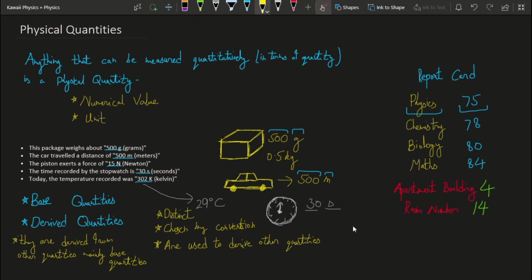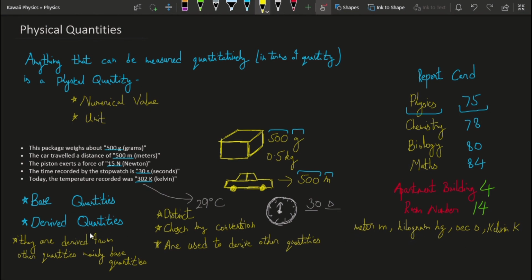The base quantities are length, meter; mass, kilogram, kg; time, we use second, s; and temperature, we use Kelvin, K. There are other base quantities, but these are the main ones we use.